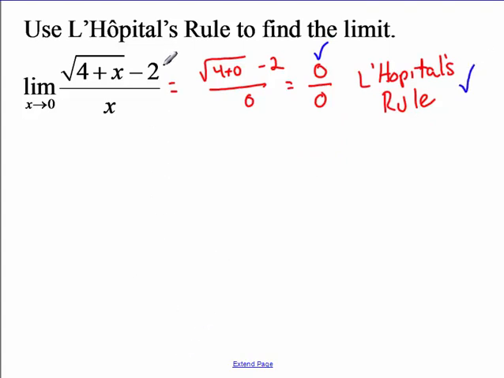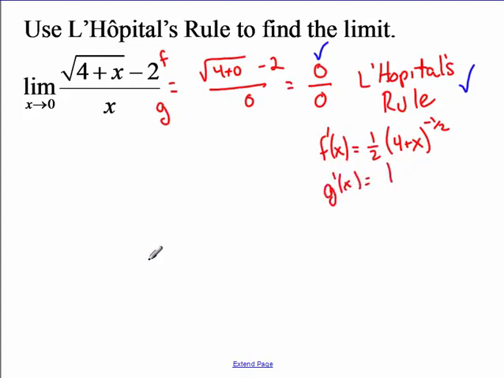What I recommend you do is over on the side, take the derivative of f of x, which is 1/2 times 4 plus x to the negative 1/2, and the derivative of g of x, which is 1.